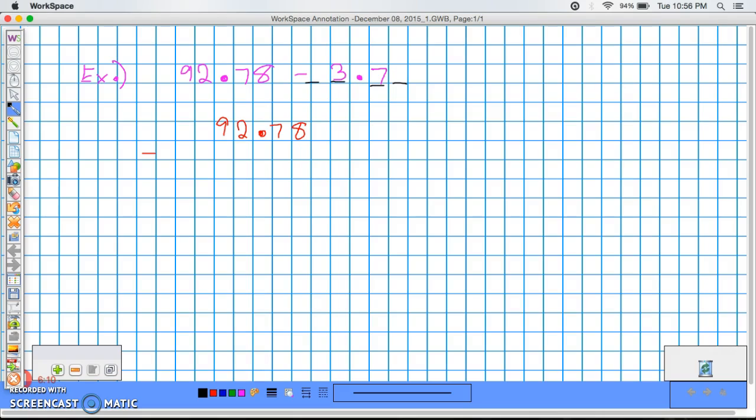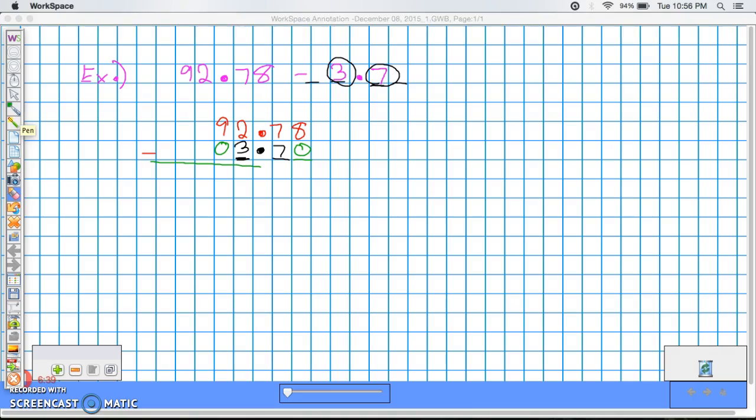That's no big deal. This is where the graph paper can help you. So put your decimal point here. Do you have a number in the tenths? Yeah, you do. It's the 7, so the 7 goes here. Do you have a number in the ones? Yeah, there's a 3. That 3 goes in the ones place. Now, all you got to do is those empty gaps, you fill them in with zeros. And there you go. Easy as that.